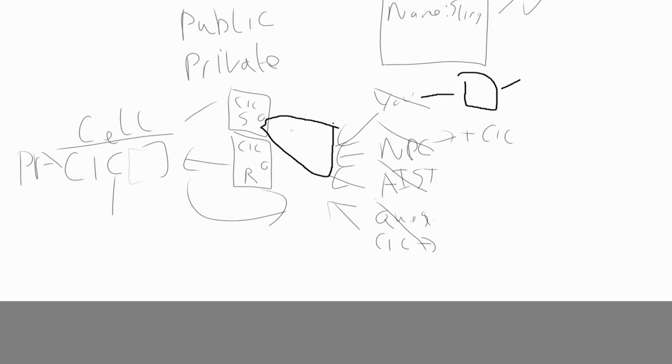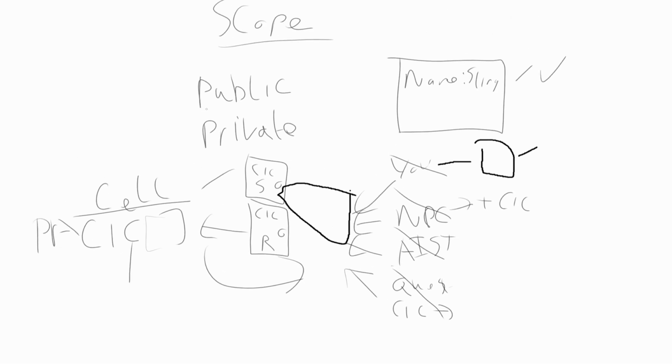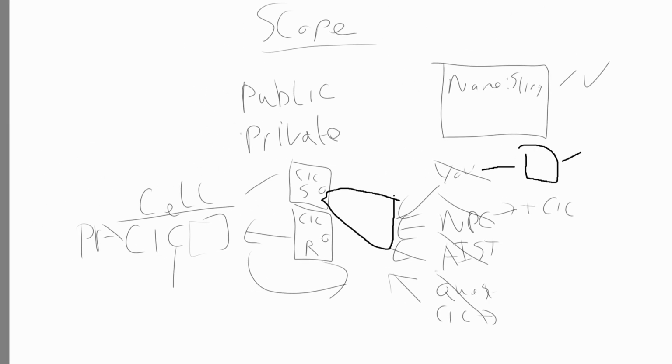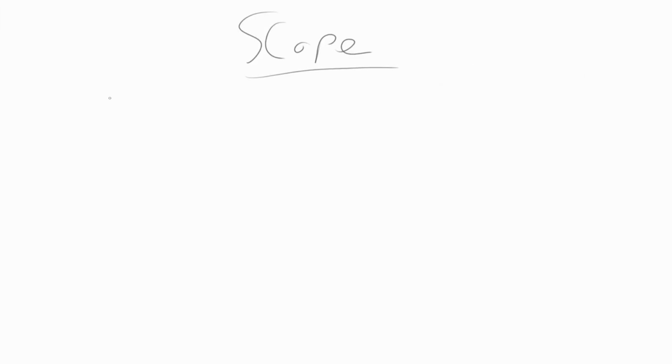Now this is where we get into the little bit more complicated ways. Because there are also public and private, but there are levels of public and private as well. So what I mean by that is you have the public and private, right? But there are levels to this. So you have classes, which is like your blueprint class. You have structs, which are your structures, so your data assets and stuff like that.